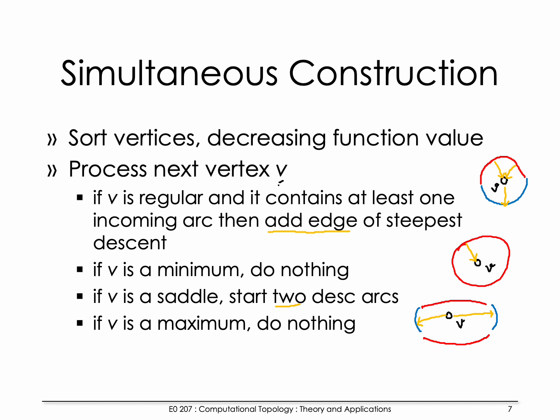So that's it. I just want to point out that when you are at a regular point, you need to process V only if there is an incoming arc. It is quite possible that the regular vertex does not lie in any descending arc. For example, it could lie in the interior of one of the descending two-dimensional cells, for example the interior of a mountain. That need not be processed at all.